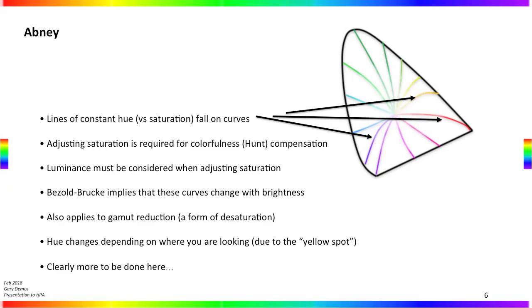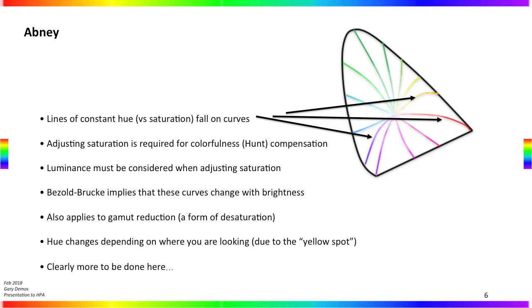Well, that's going to move along curved lines. So that's a very interesting problem. Now, if you move blue towards neutral by desaturating it, you're affecting the luminance equation. You need to take into account luminance, so you've got to darken it. So brightness has to also be adjusted when you move along the saturation axis.